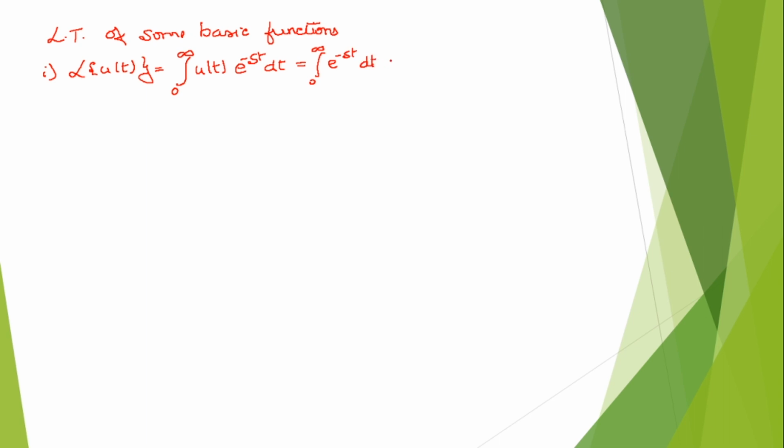The integral of e to the power minus st is e to the power minus st divided by minus s. Putting in the limits 0 to infinity, it equals e to the power minus infinity by minus s, minus e to the power minus 0 by minus s.